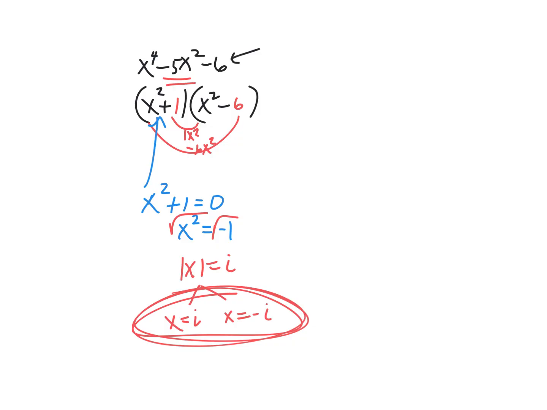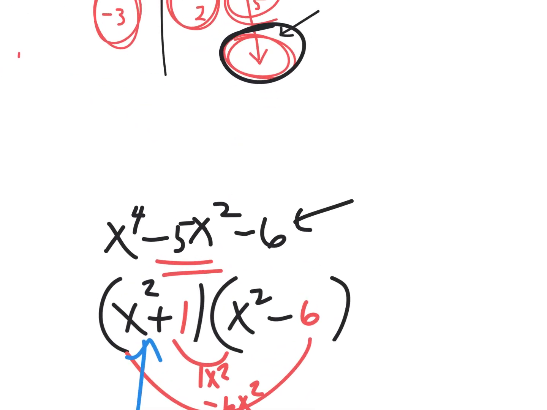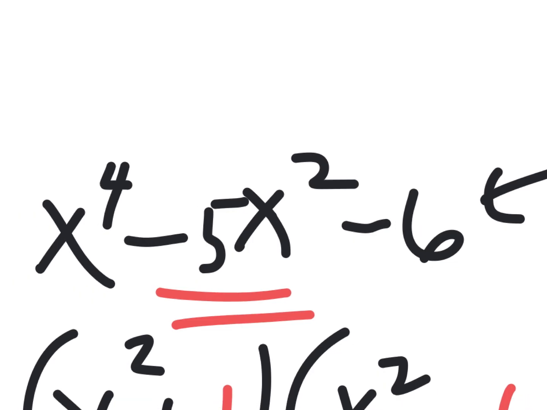All right, so what else is there? Well, if all I asked you was what are the possible roots? Would you please tell me what the possible roots are? The possible roots.